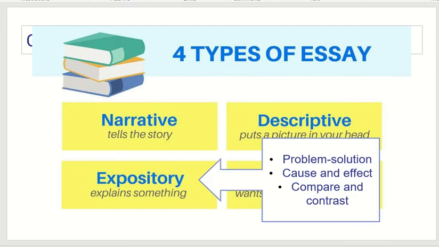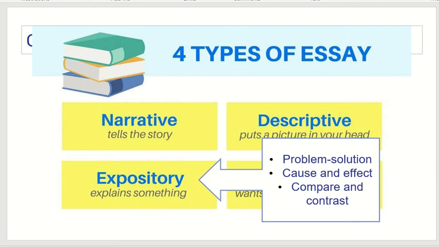There are many types of expository essays, and these are the subcategories of expository essay. The first one is problem solution. Second one is cause and effect. Compare and contrast, and then there are more. But you try to look up the other examples of expository essays by yourself.